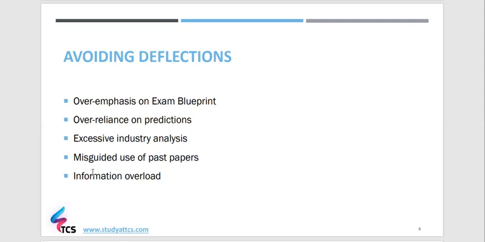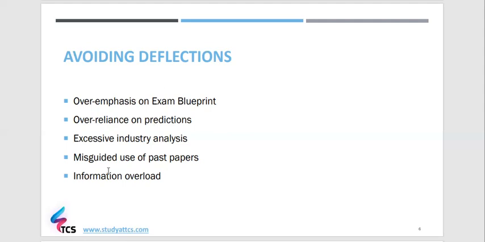And most students face this problem where they do not know how to use past papers. Actually speaking, you cannot rely on past papers or the past exam variants too much, because these past exam variants are based on different case studies. For instance, if the past variant which you referred to is applicable to a manufacturing firm, however, if your case study is based on a company in the service sector, then you can't rely too much on a past paper or a past exam variant which is based on some other sector.